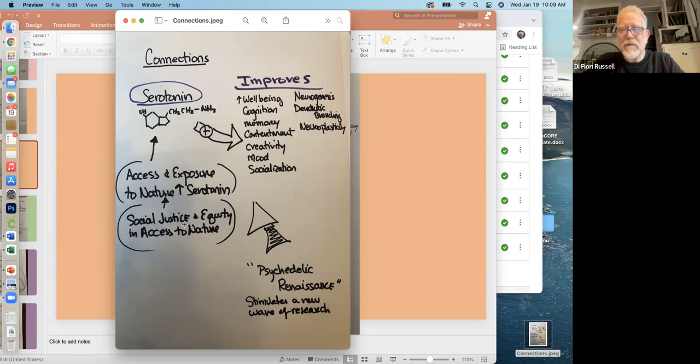I looked up a couple of different papers that indicated that access to nature and nature therapy was a really big deal, and that lack of access to nature led to communities with higher levels of depression and suicide. And so I made a little diagram that shows the connection between nature, serotonin, and all of these neurological functions. And so, just to remind myself to connect that later.